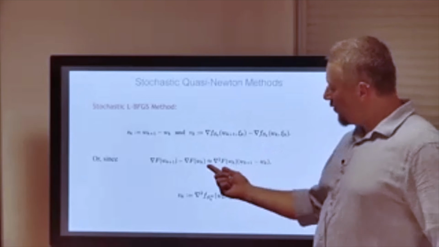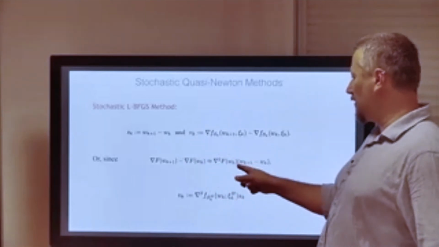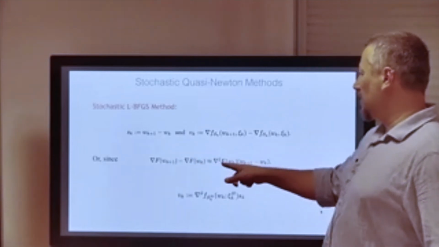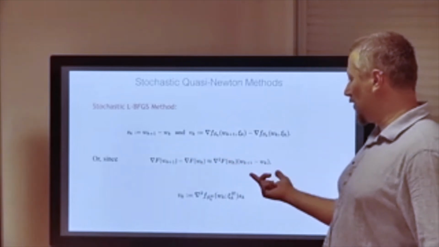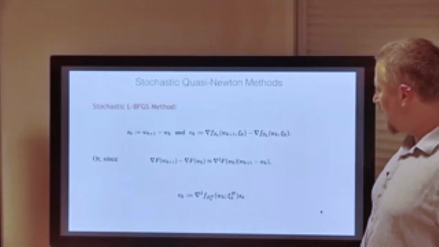So what you do is you use this approximation: the difference in gradients is nearly the second derivative times the difference in points. So it's the definition of a derivative.